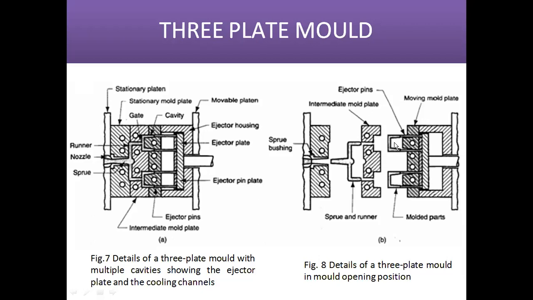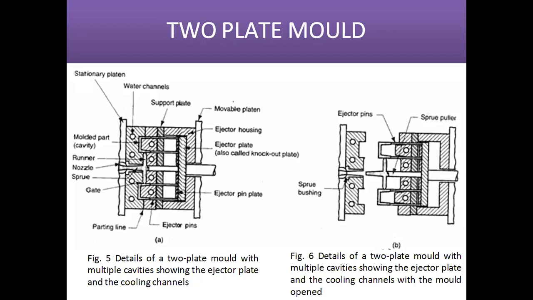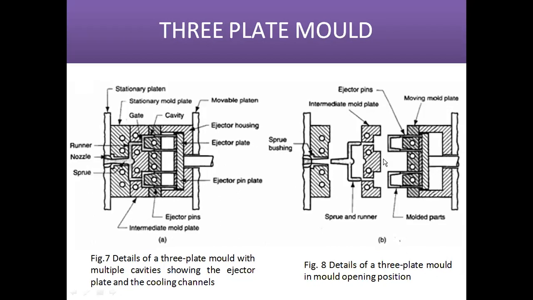In the two plate mold, it is not separated from the final product, but in the three plate mold it is directly separated from the final product, and it is solidified also. After the solidification, if you have to use this sprue and runner in the next cycle, then again you have to melt it for the next cycle.